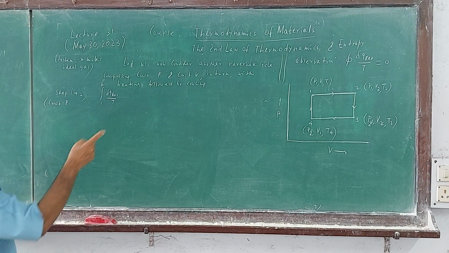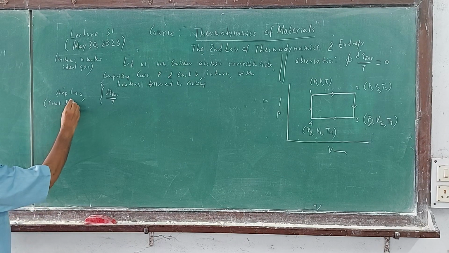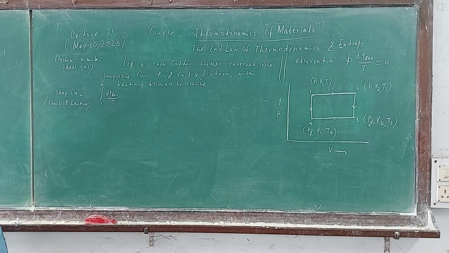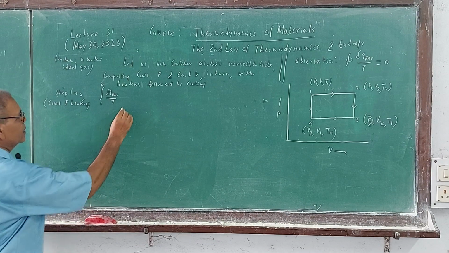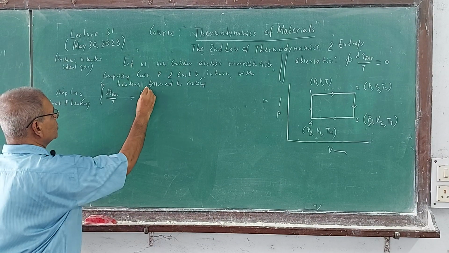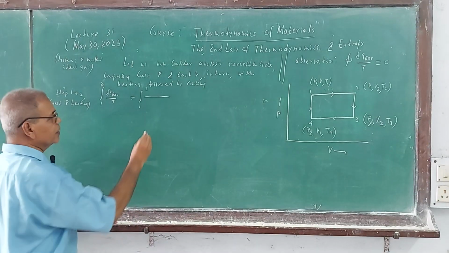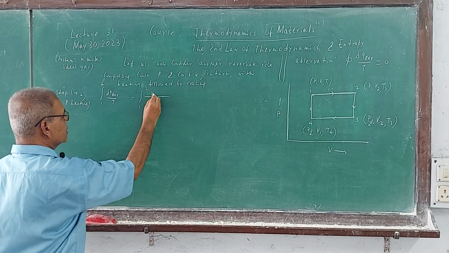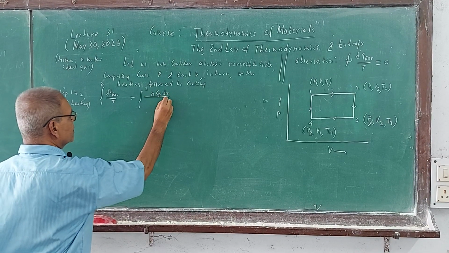Constant pressure heating, since volume has increased and so has temperature. Complete this: dq reversible for 1 to 2, you know. For constant pressure, dq reversible is n Cp dT.